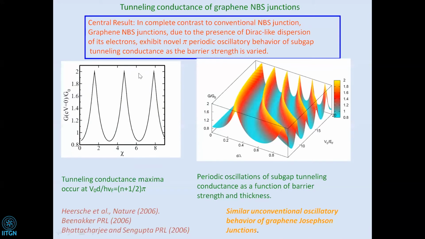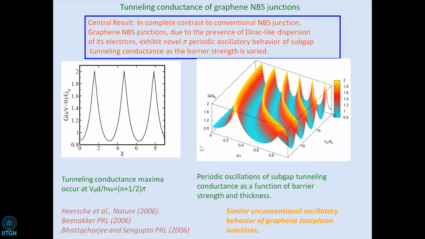So you see that there is this oscillatory behavior. So normally for Schrodinger electrons, as you increase this chi, you would see a monotonically decreasing transmission coefficient or conductance. However, here it just oscillates.